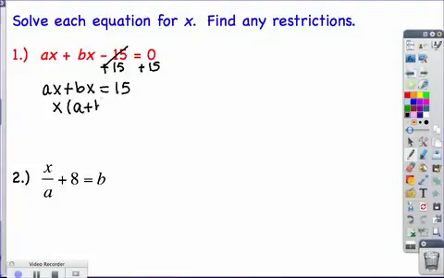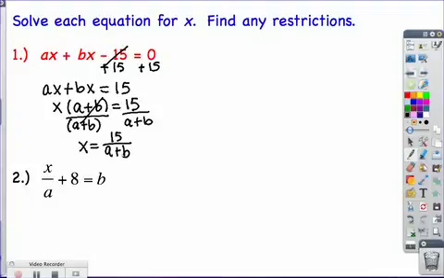Keep in mind we're multiplying the quantity of b minus 8 times a. So x equals a times b minus 8, which could also be written as x equals ab minus 8a.